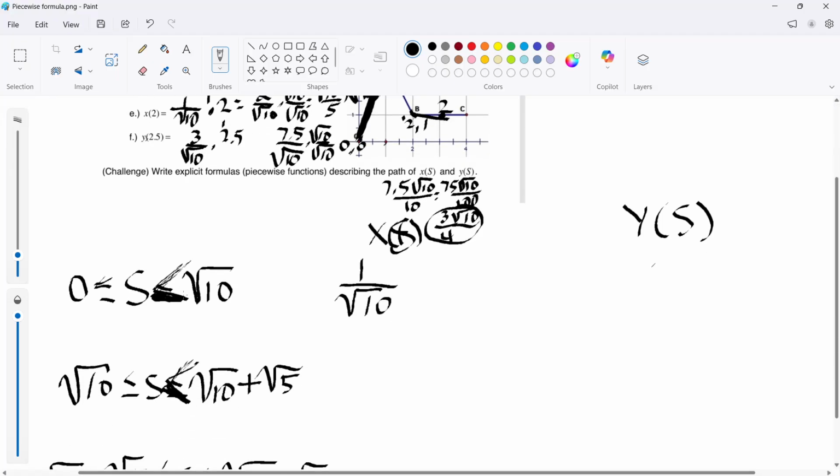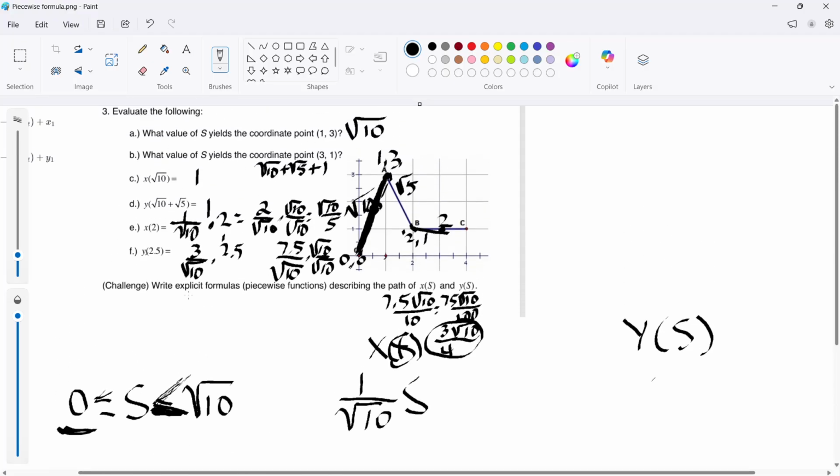Well, nothing came before, so times s. In other words, s minus the left-hand constraint there. And that's for x. What about the y of s? For the y of s, it goes from 1 to 3, so y changes by 3 over square root of 10 times s. All right, I've got those.